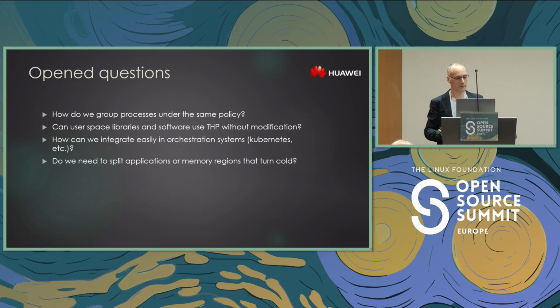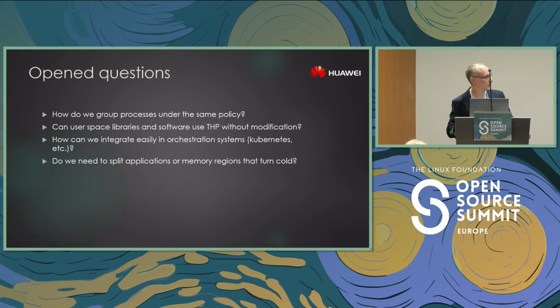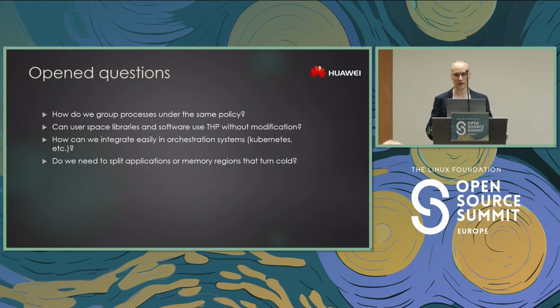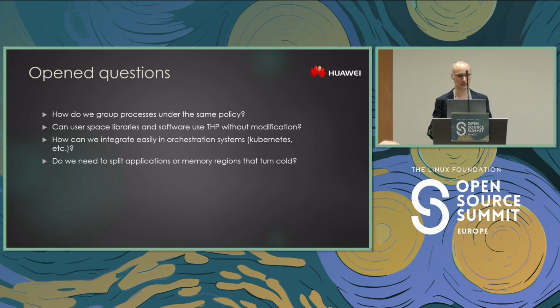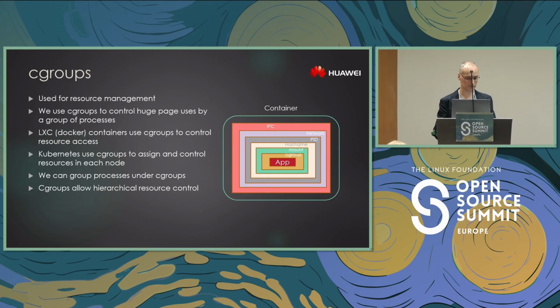We wanted to easily integrate into a cloud environment, and to split applications: the hot applications get huge pages, and the cold applications are left alone and keep using regular 4K pages.